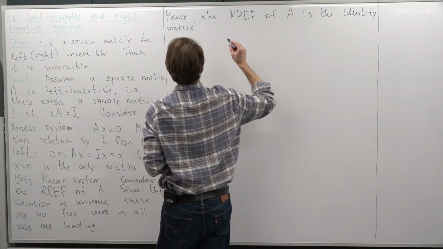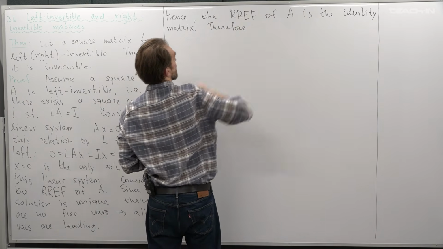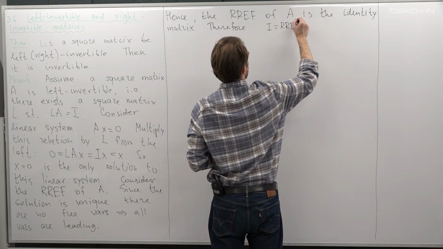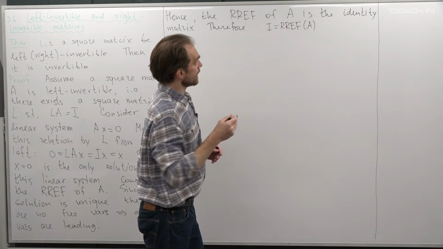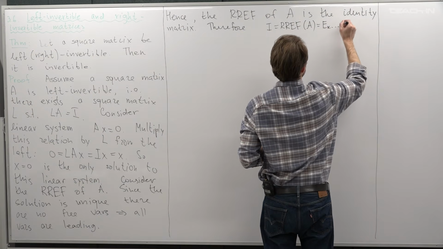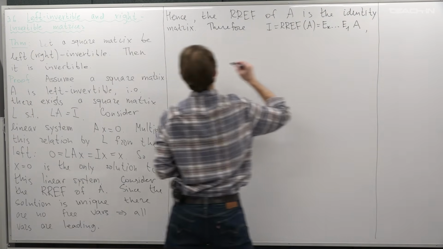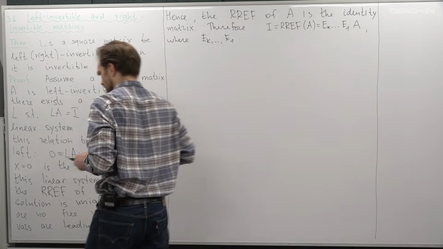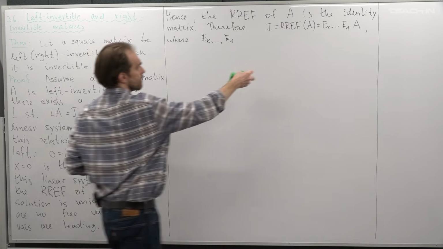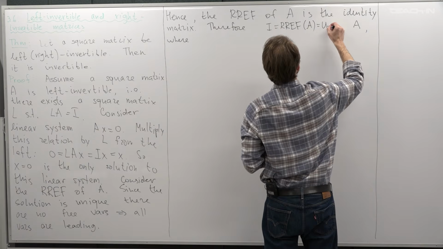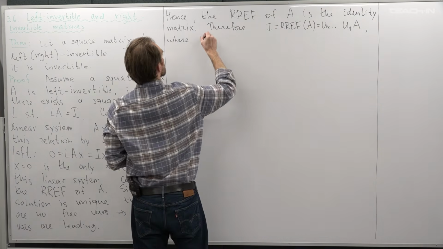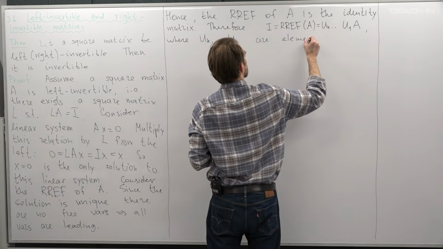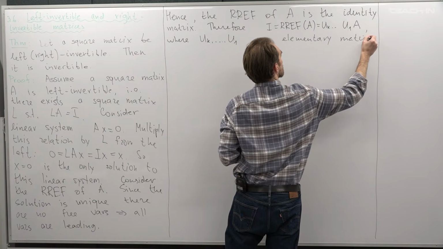So the identity matrix I, which is the reduced row echelon form of A, can be represented as the product of elementary matrices multiplied by A: U_k, etc., U_1, where U_k, etc., U_1 are elementary matrices.